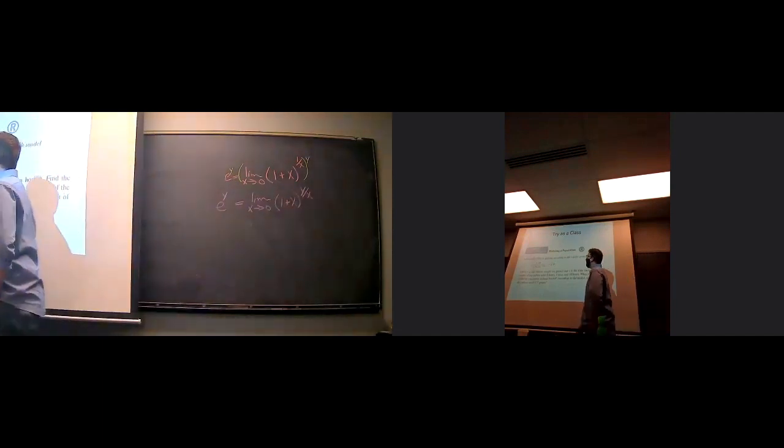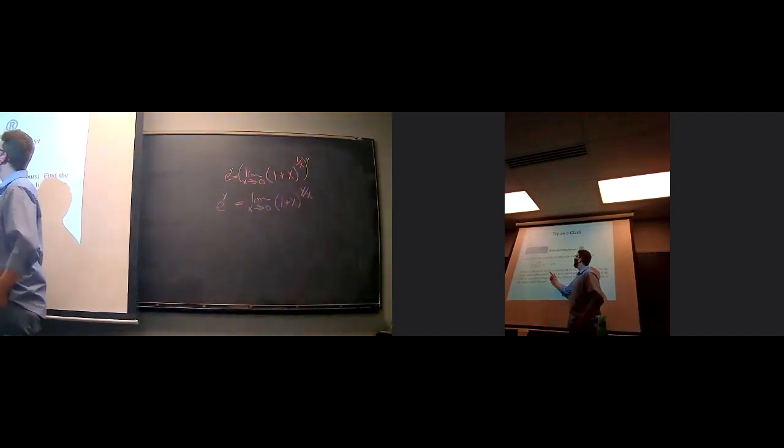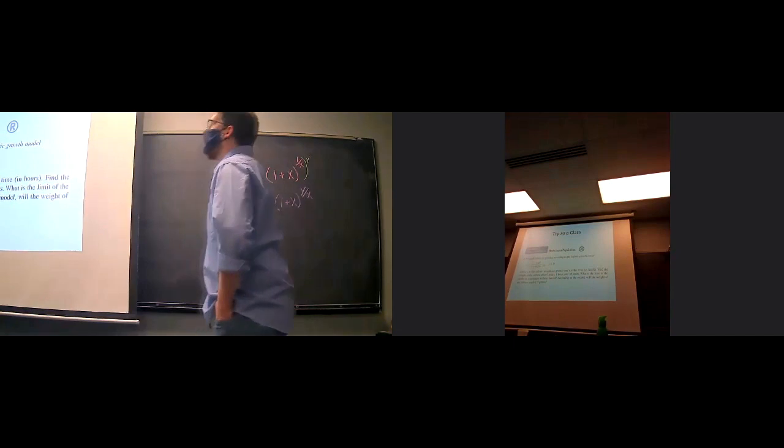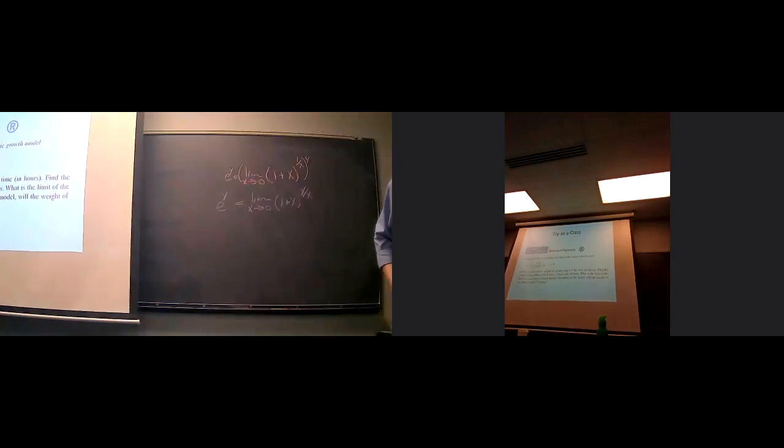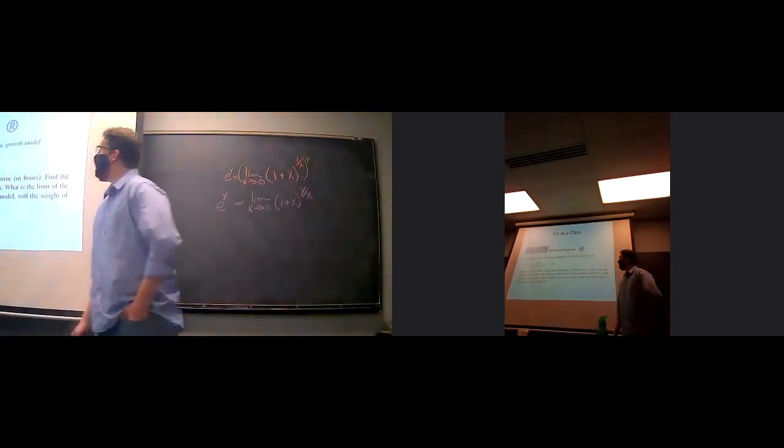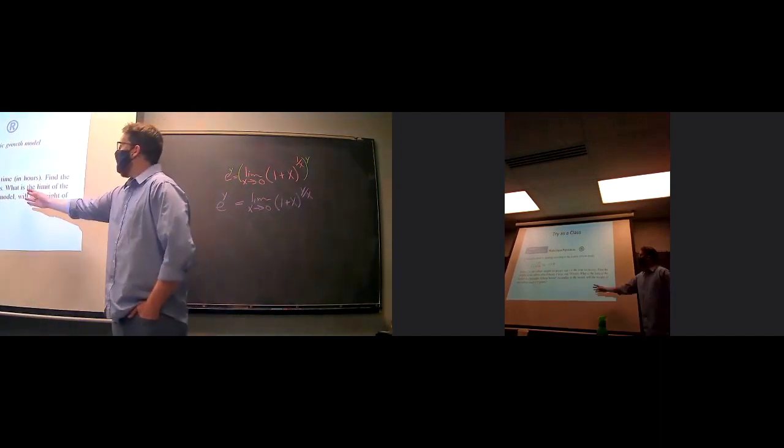As an example of where this gets applied, we have a bacteria culture that's growing according to a logistic growth model. We've found what the particular model is. Now we want to know what the weight of the culture is going to be after some time.